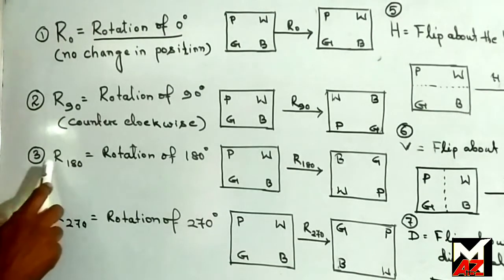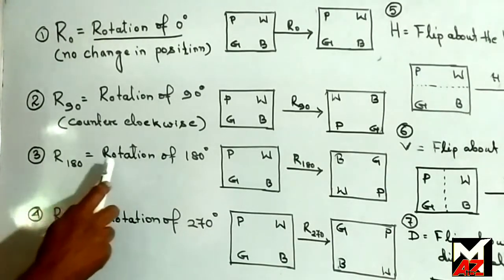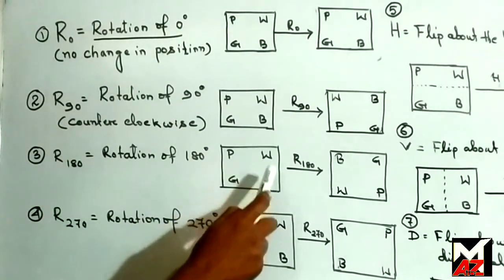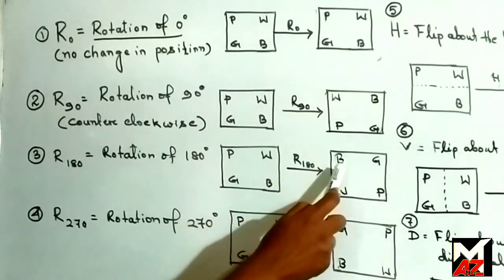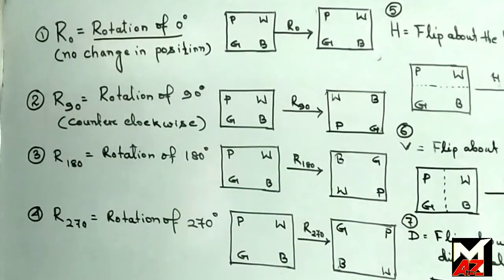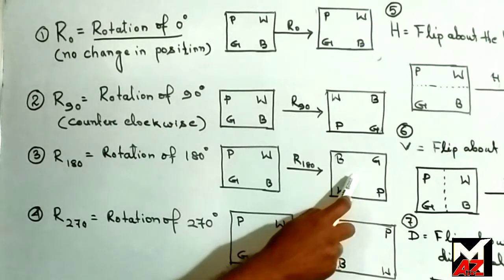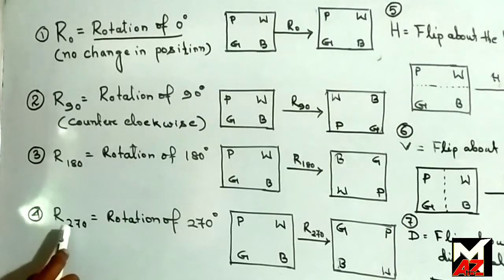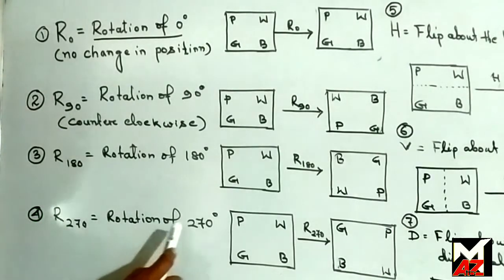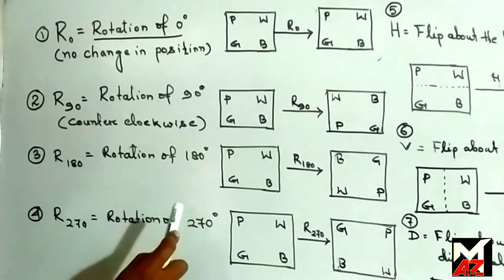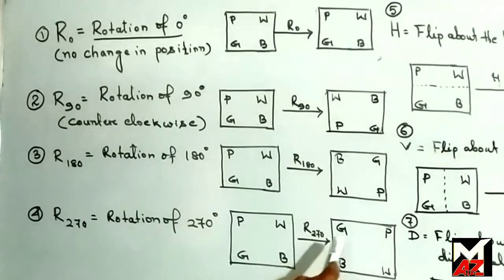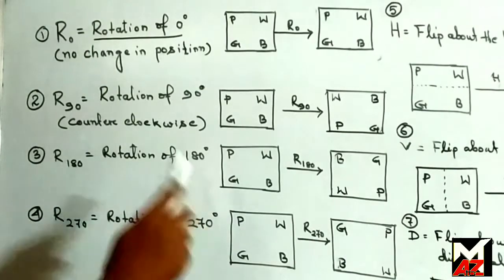Third, R180, the rotation of 180 degrees: PWBG becomes BGPW. And fourth, R270, the rotation of 270 degrees: PWBG becomes GPWB. These 4 are rotations.